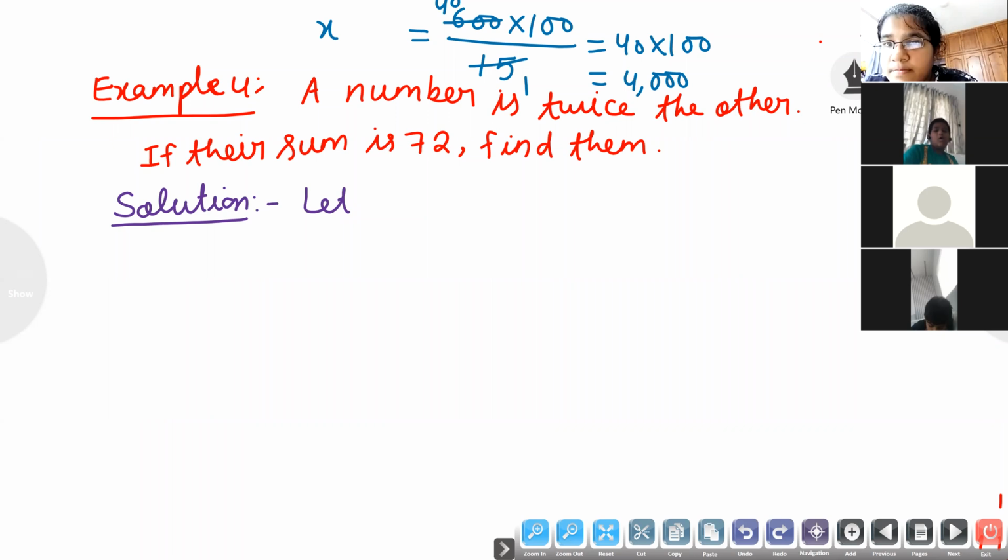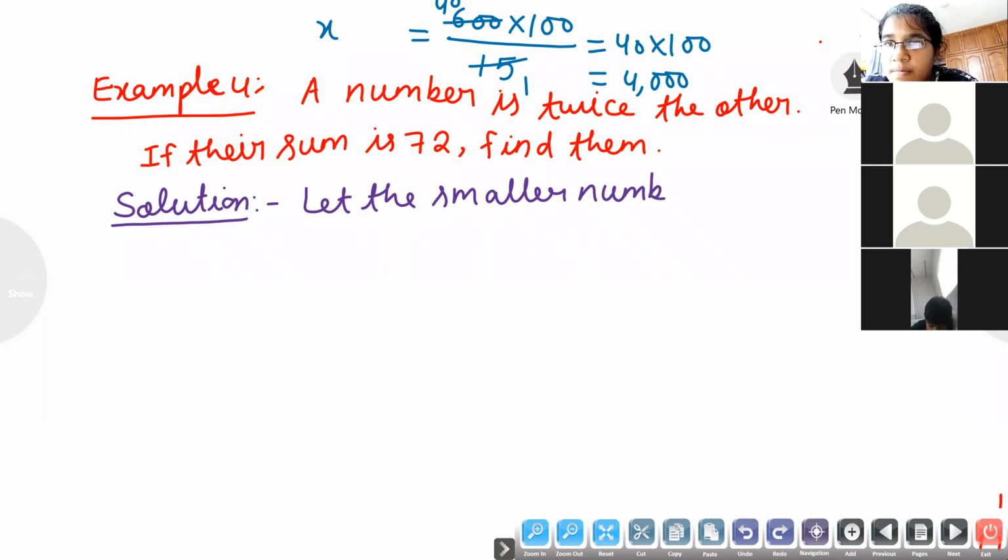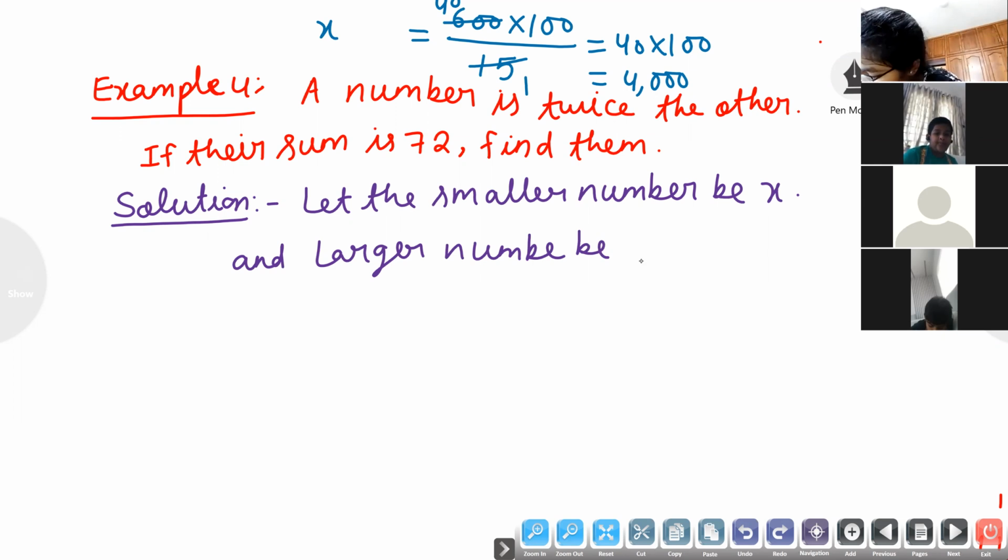Let the smaller number be x, and if the smaller number is x, then the other, larger number will be twice, 2x.